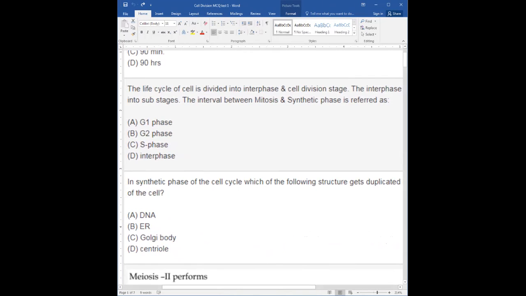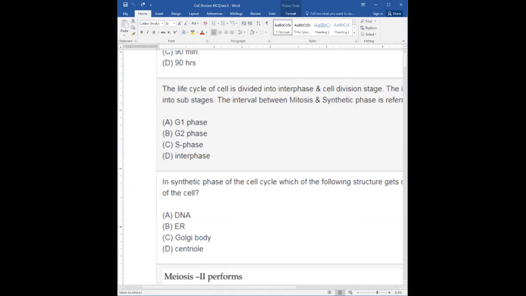Guys, very nice. Read the option properly. The interval between mitosis and synthetic phase: we are going from mitosis and entering into the synthetic phase, meaning in between that, it is going to be your G1 phase.